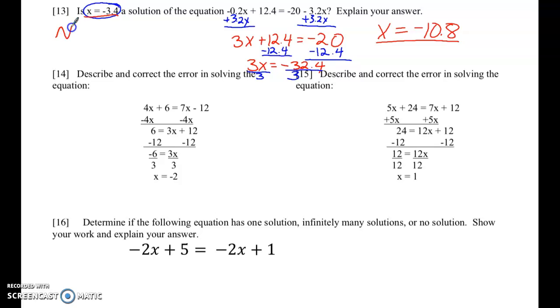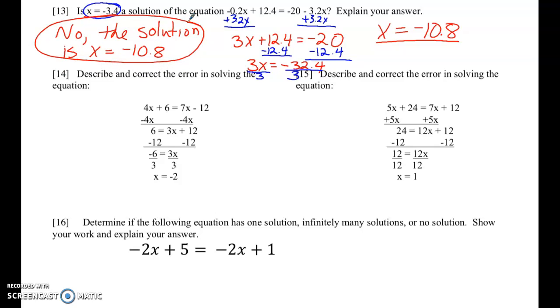So my answer, no. The solution is x equals negative 10.8. So here is our final answer that answers the question on number 13.